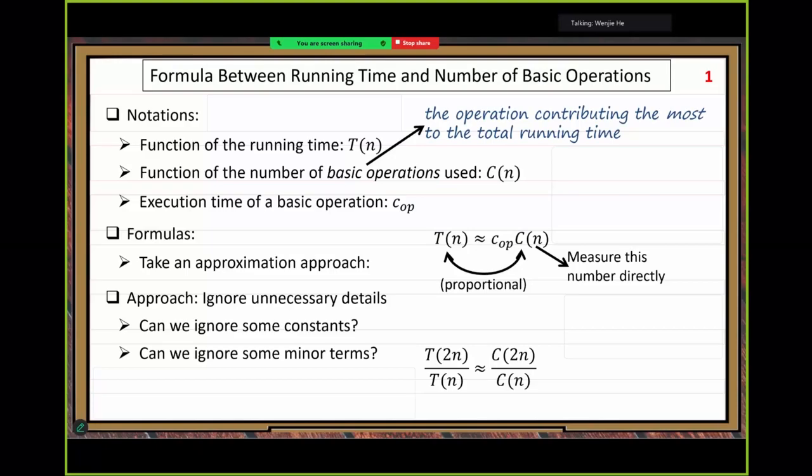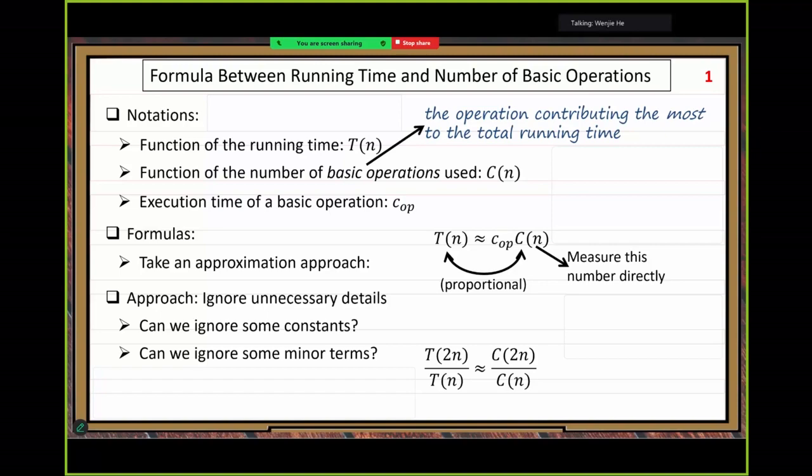Derivative can only be defined when your function takes continuous values, not discrete values. So here we cannot use the derivative concept.